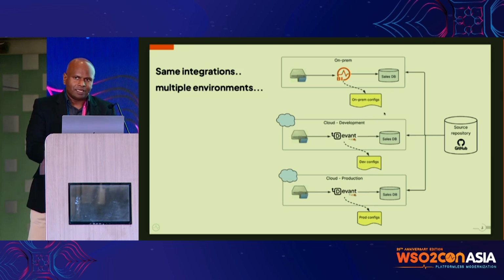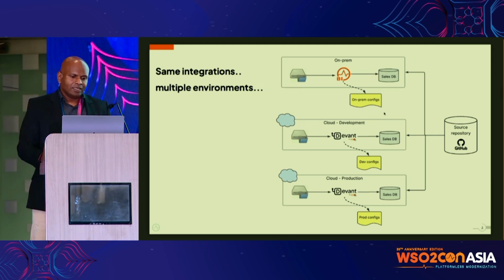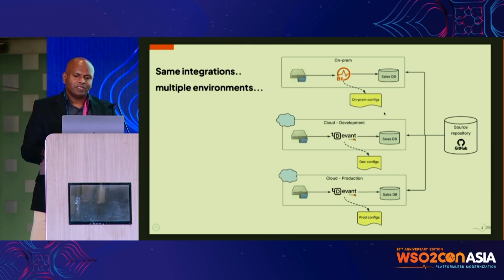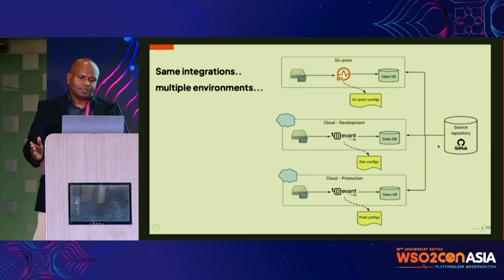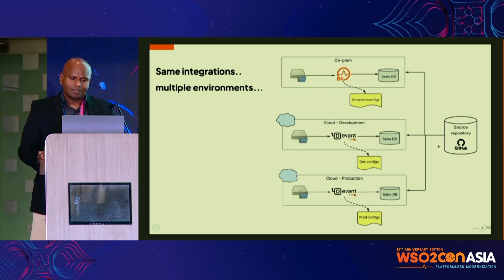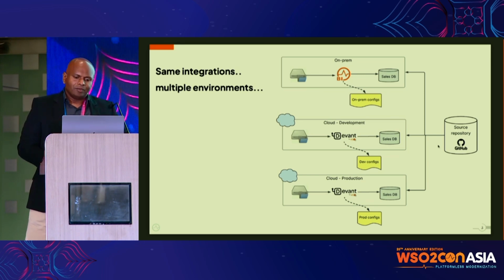We will see how we can use these environment-specific configurations, and then we will push this code to a Git repository. We will show how we can deploy the same code into the cloud environment, as well as how we can migrate this same integration between different cloud environments by just changing the configuration values.